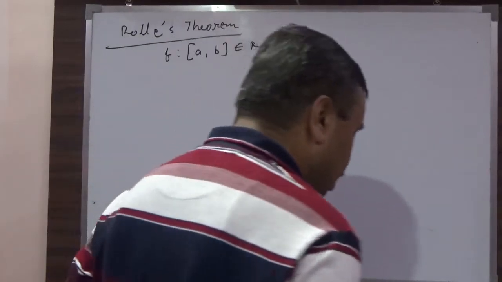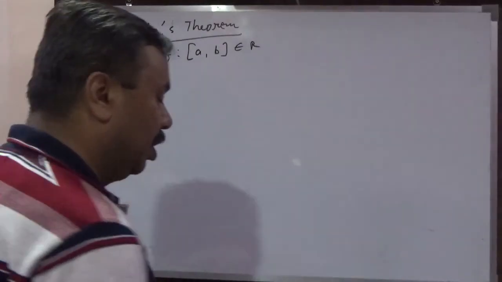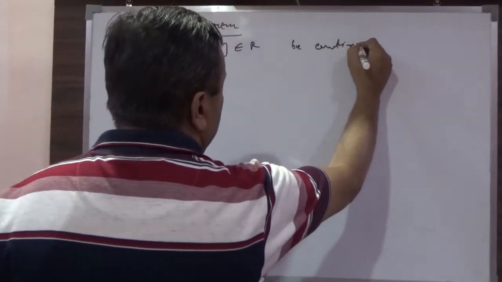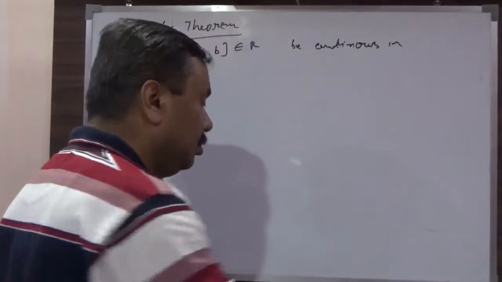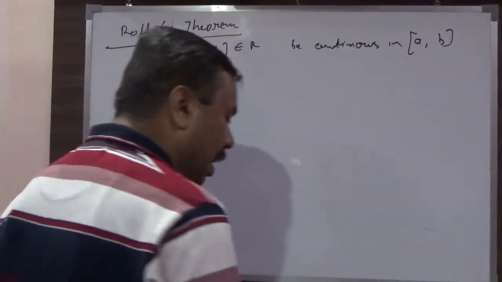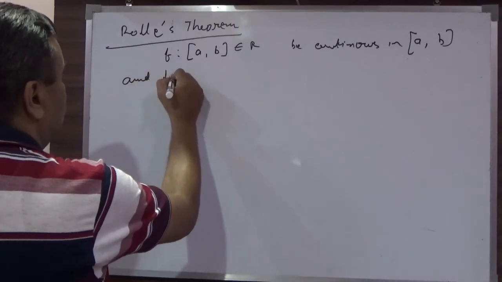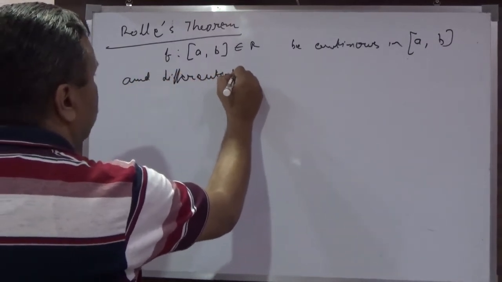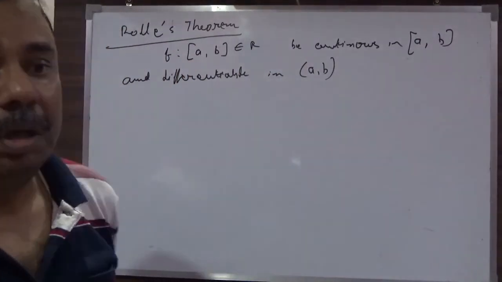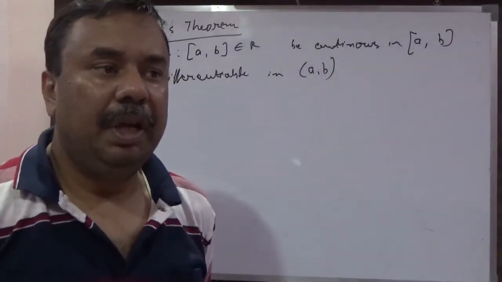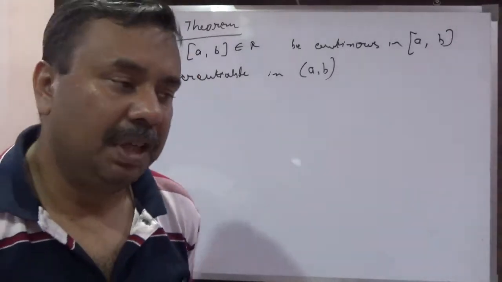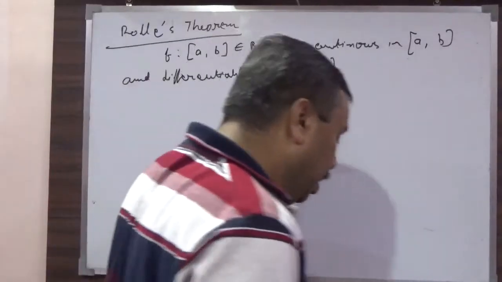It must be continuous in the closed interval a b, that is it has the values from a to b, and differentiable in the open interval a b. Remember, we cannot take the endpoints, because in one case I will not have the right hand derivative, in the other case I will not have the left hand derivative. So it will be in the open interval.